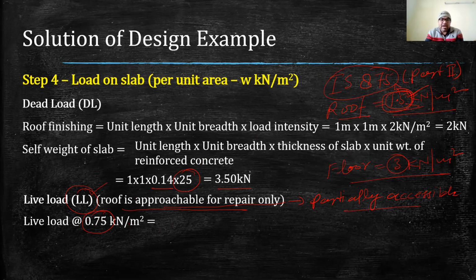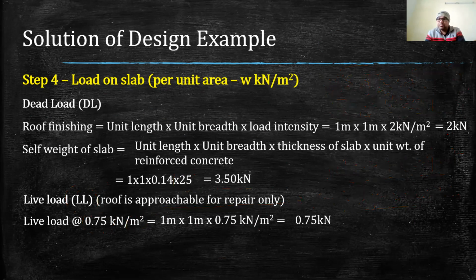And it is applied on the unit area, so the live load on unit area will be 0.75 kilonewton. That is the load for live load. Now we have calculated dead load, this one, and this one. Now we will calculate the total load by adding them.